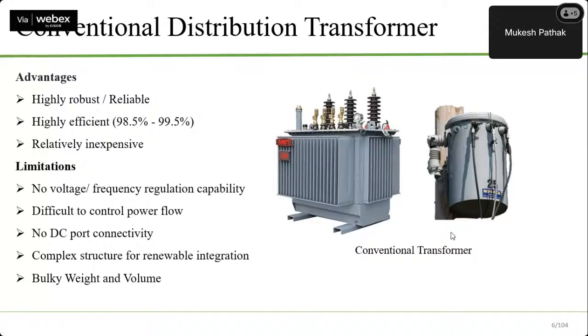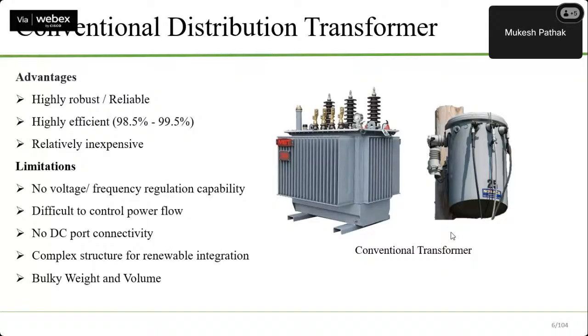But in the case of the solid state transformer, we will have the capability of controlling the power also. There is no DC port connectivity. This is very important nowadays because renewable energy systems, particularly solar PV systems, have DC output, and this DC output cannot be fed directly to the transformer. That means there is no DC port where the solar energy can be directly fed.